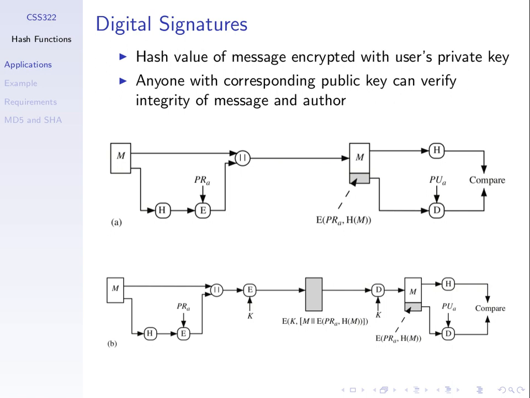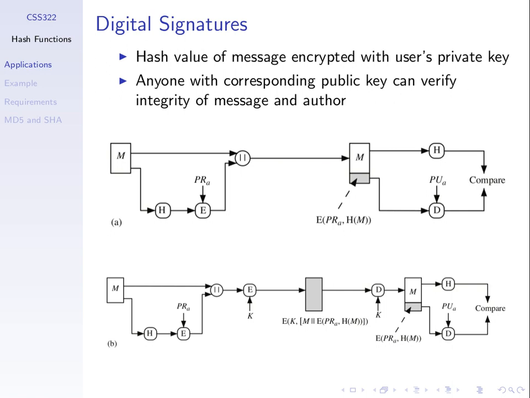Let's try and modify the message. The malicious user modifies the message to M prime, and they concatenate. What can they try? Let's try both approaches.